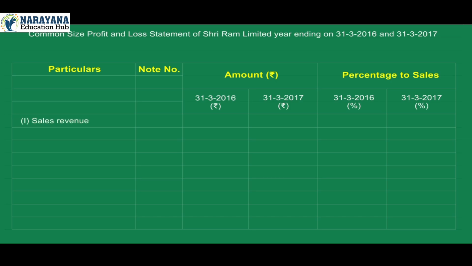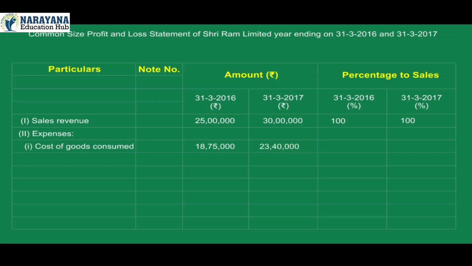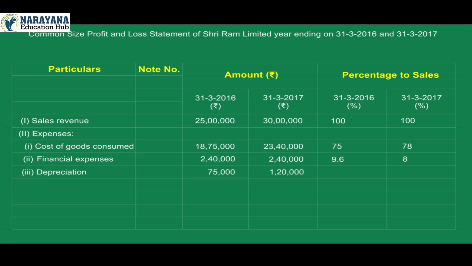1. Sales revenue, 25 lakh, 30 lakh, 100%, 100%. 2. Expenses. 1. Cost of goods consumed, 18 lakh 75,000, 23 lakh 40,000, 75%, 78%. 2. Financial expenses, 2 lakh 40,000, 2 lakh 40,000, 9.6%, 8%. 3. Depreciation, 75,000, 1 lakh 20,000, 3%, 4%.